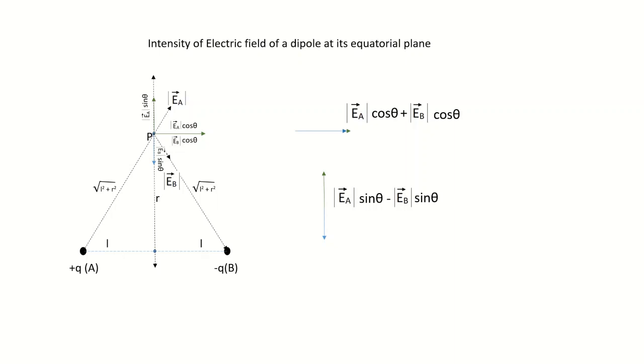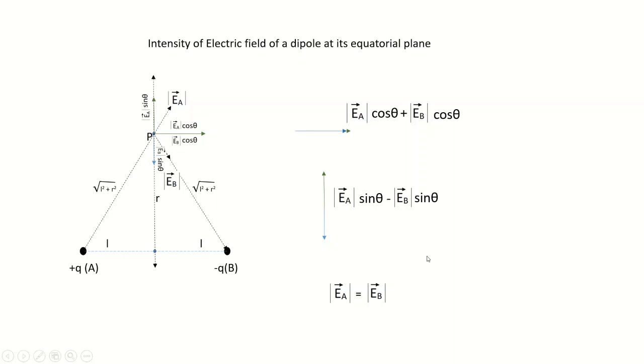So if you follow down the notes, you will find that the magnitude of both EA and EB will be the same, which is 1 by 4 pi epsilon naught q divided by r square plus L square. Irrespective of the directions, their magnitude will be the same, which has been mentioned here also.